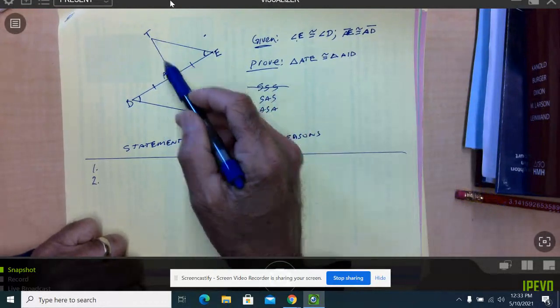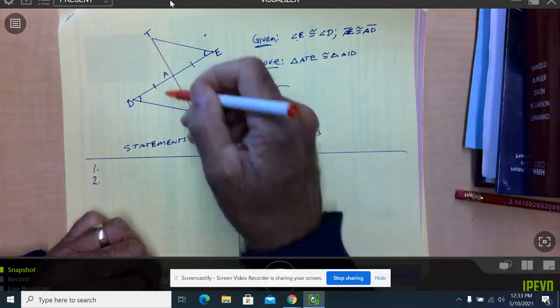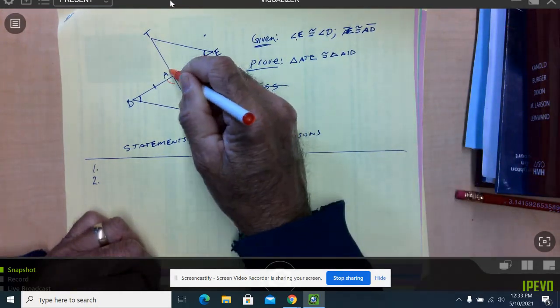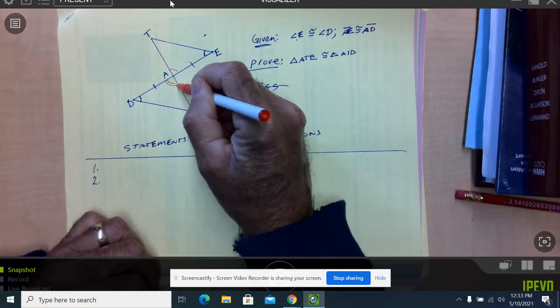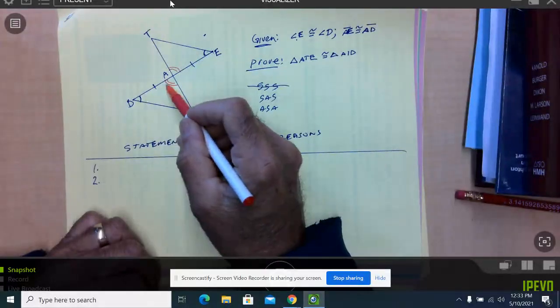Whenever you see these crossing lines, you should be thinking vertical angles. Check it to see where the vertical angles are. And they're right here. Now look and see what you have.